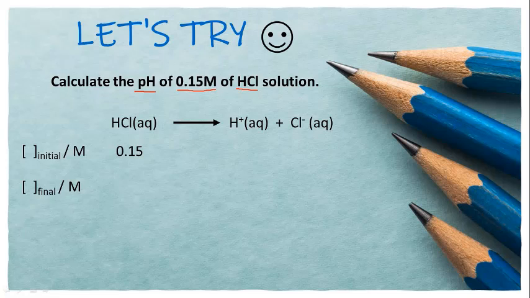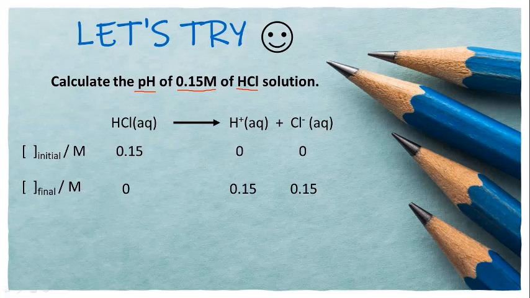The concentrations for proton and chloride ion are both 0 because initially they are not produced yet. For final concentration, since HCl is a strong acid and completely dissociated, the final concentration for HCl is 0, and the concentrations for proton and chloride ion are the same as the initial concentration of HCl, which is 0.15.